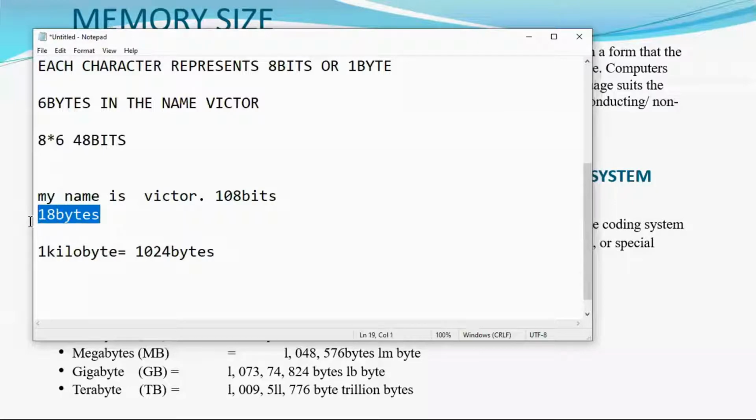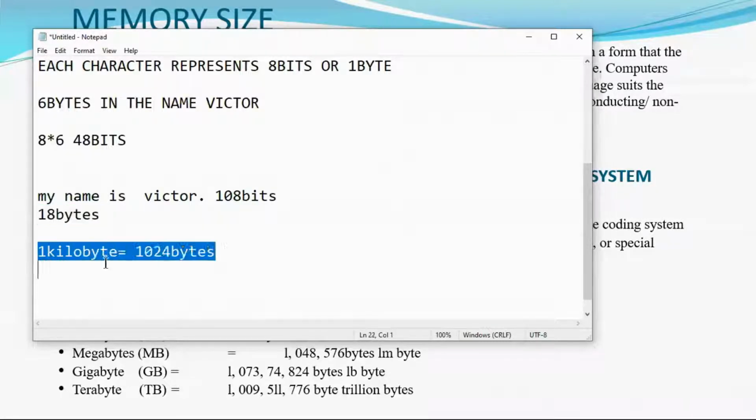If we have 18 bytes and 1 kilobyte is equal to 1,024 bytes, then to convert from bytes to kilobytes we have to divide the 18 bytes by 1,024. So the number of kilobytes will be 18 divided by 1,024. That will give us the number of kilobytes in 18 bytes.